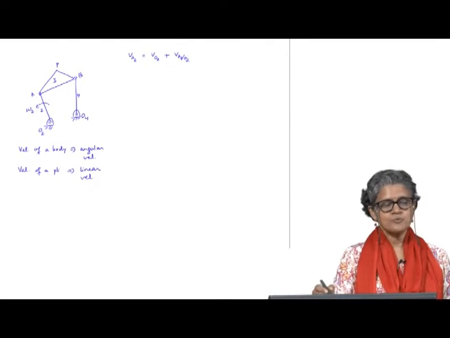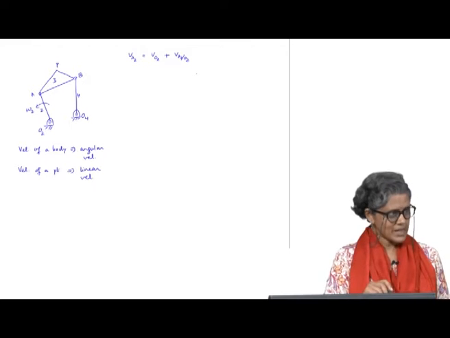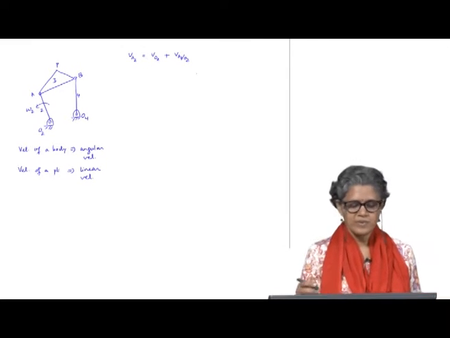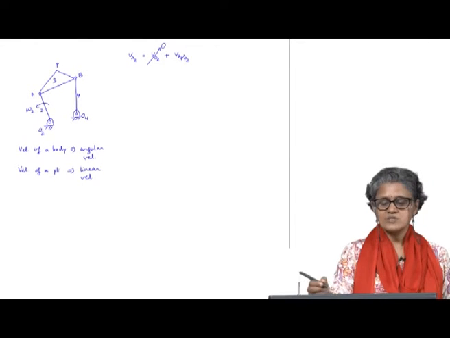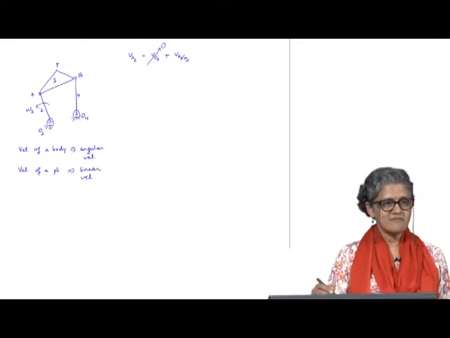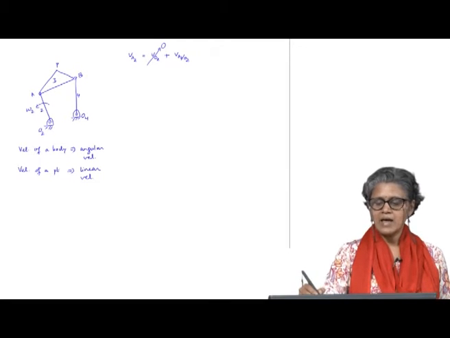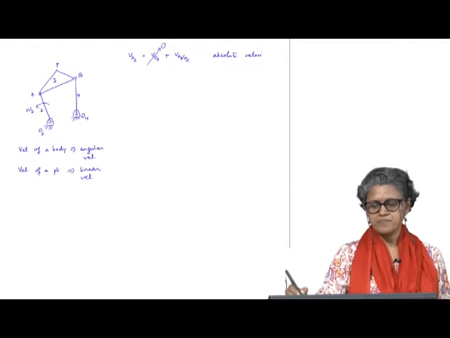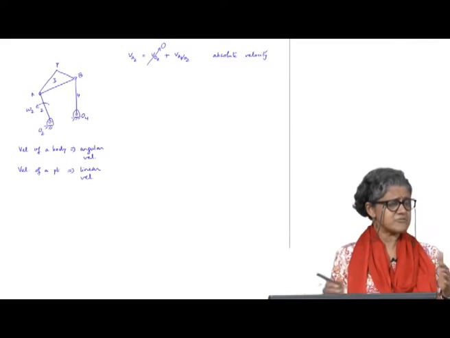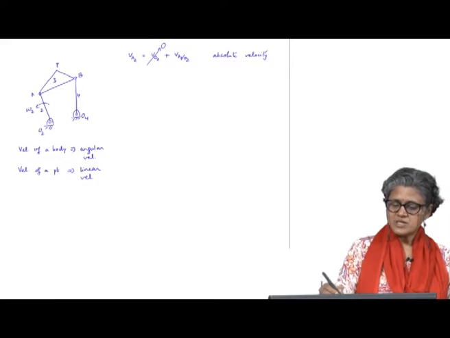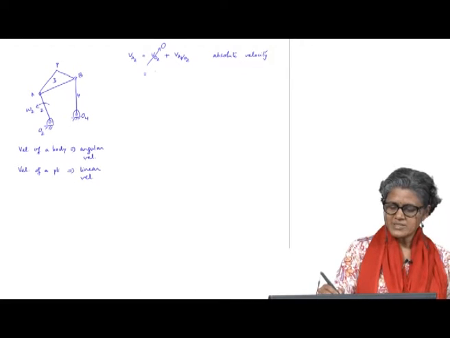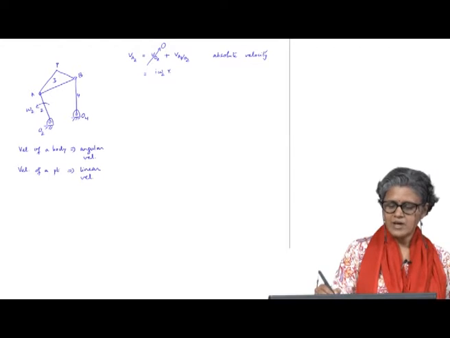V O2 plus V A2 relative to O2. Now, what is the velocity of O2? It is 0. So, in this case, this relative velocity is actually an absolute velocity. When the velocity is expressed with respect to the ground reference frame, we talk about absolute velocities. So, the velocity of A on body 2 is equal to i omega 2 R2.